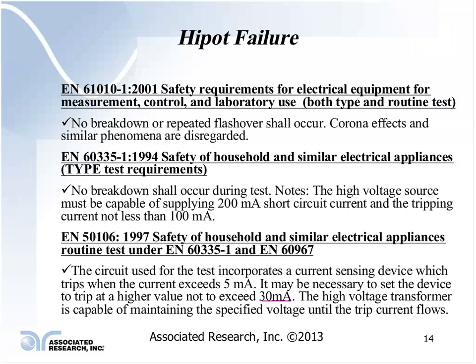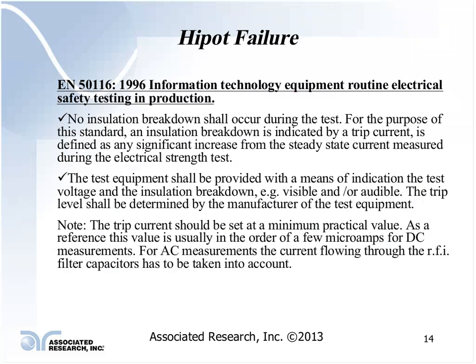As long as the high voltage transformer is capable of maintaining the specified voltage until current trip flows, the tester is allowed to be used without requiring a 100 milliamp tester that in fact could be lethal if the operator gets on the wrong end of that tester.